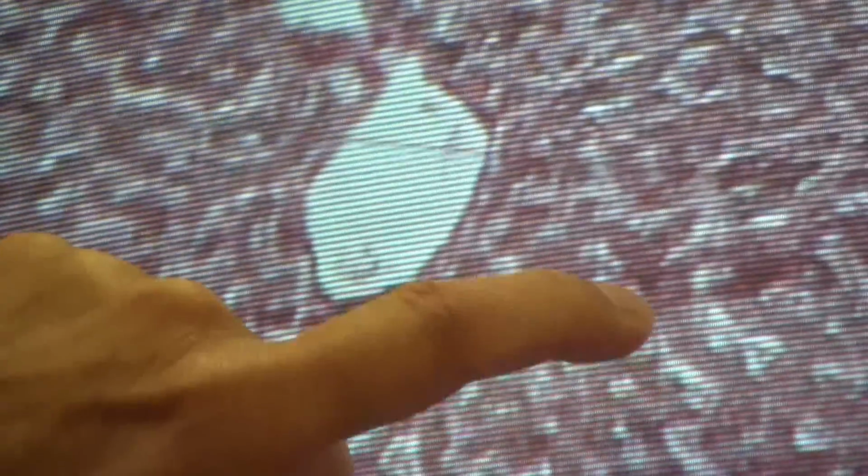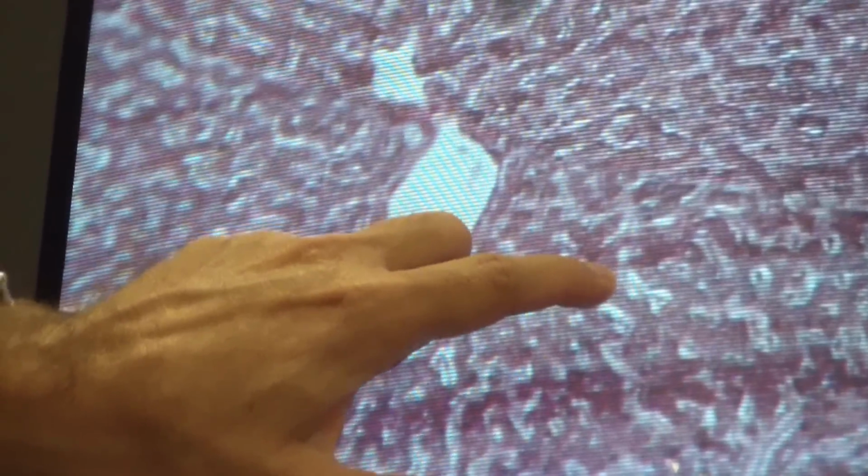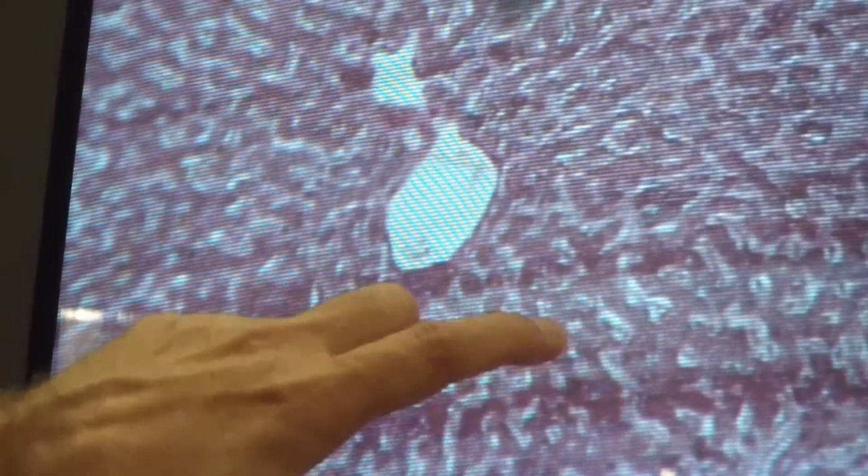You see the space in between them? That's the sinusoid. Remember, you have these little capillaries, these little passageways in between those hepatocytes, which is called what? Sinusoid. What is the wall of the sinusoid made up of?